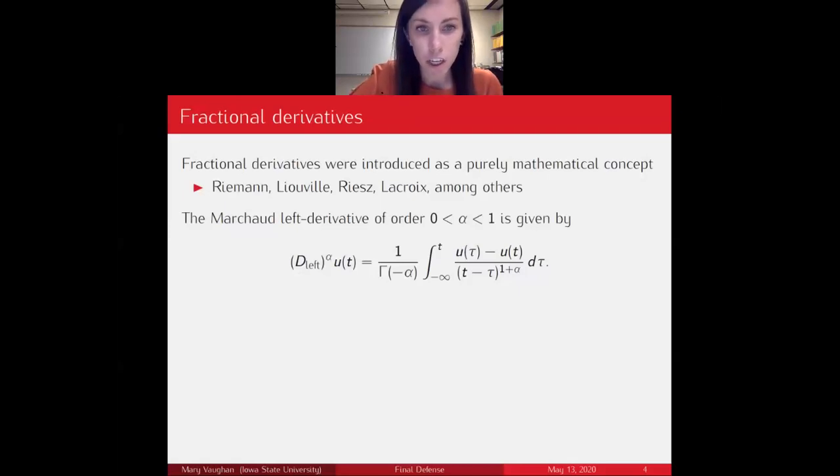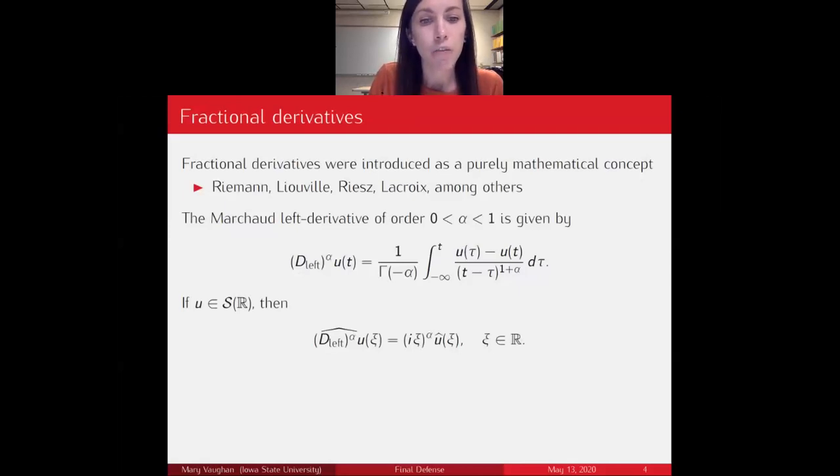The reason that I find this particular definition so appealing is because for Schwartz class functions, the Marchaud left fractional derivative satisfies this Fourier transform property, that the Fourier transform of the fractional derivative corresponds to multiplication by (iξ)^alpha.